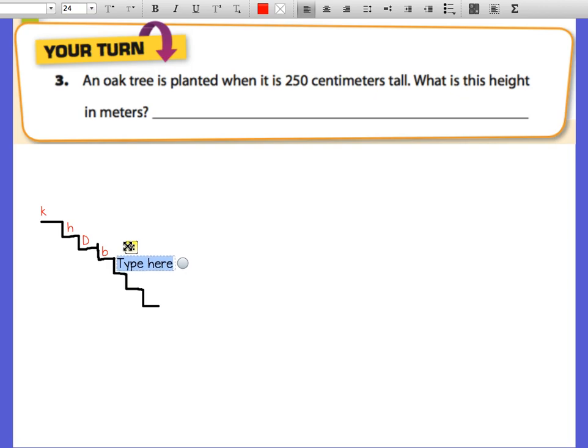It'll come to me in a minute. And then by drinking, so this is your deci, centi, and milli.